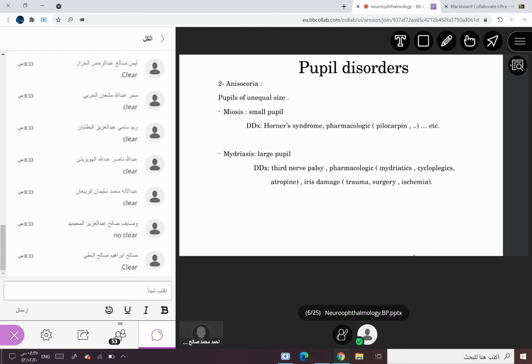And there is also a chart for the differential diagnosis of anisocoria. We have to test the pupil in normal light, and in dim light, to differentiate. The chart for differentiating anisocoria is something detailed and outside the scope of this lecture.